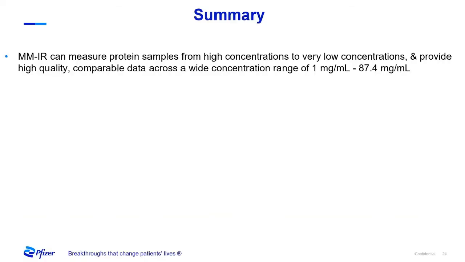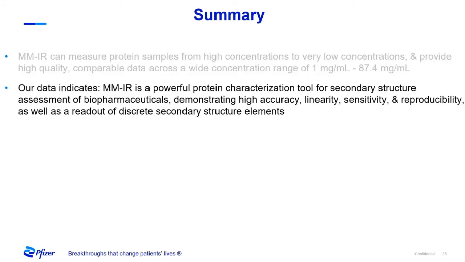So in summary, MMIR can measure protein samples from high concentrations to very low concentrations and provide high quality comparable data across a wide concentration range. And our data indicates MMIR is a powerful protein characterization tool for secondary structure assessment, demonstrating high sensitivity and reproducibility, as well as a readout of discrete secondary structure elements.